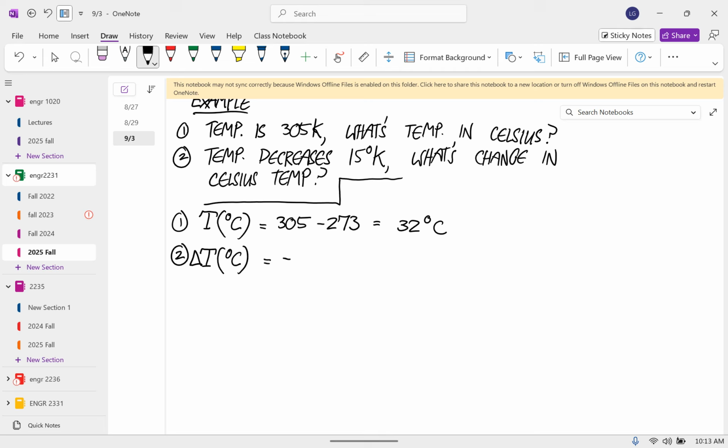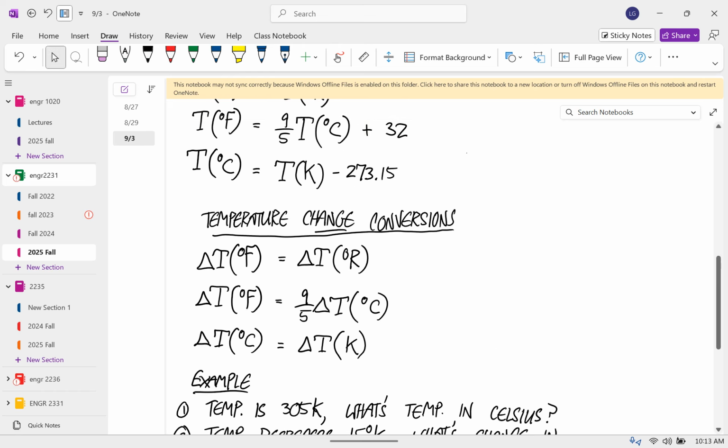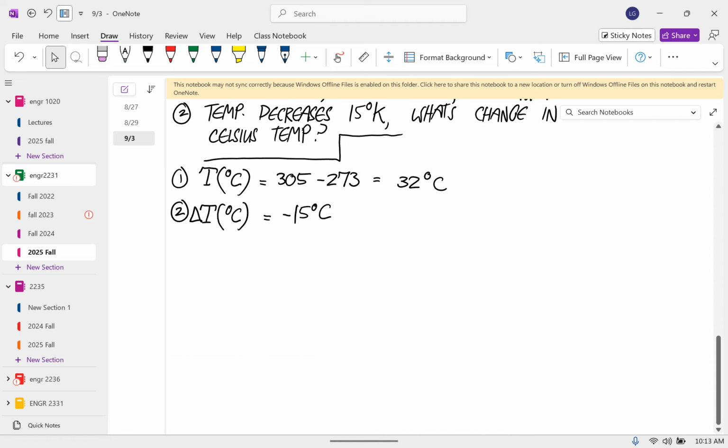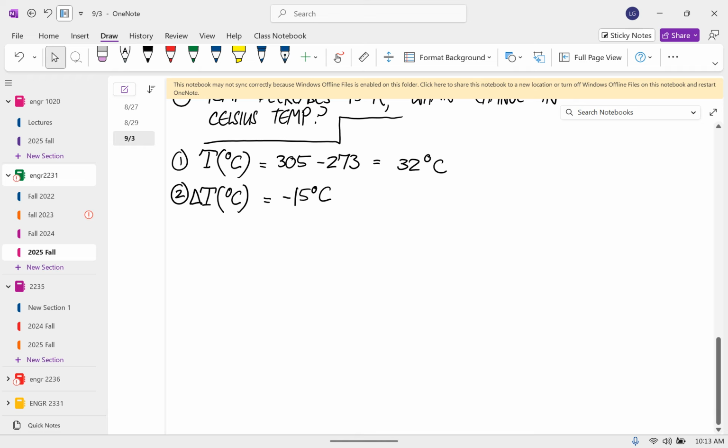And so this is negative 15 in Celsius too. Yep. Professor, when converting, should we use 273 or 273.1? I think I always leave the 0.15 off. Either one is fine. Okay. Any questions about temperature?